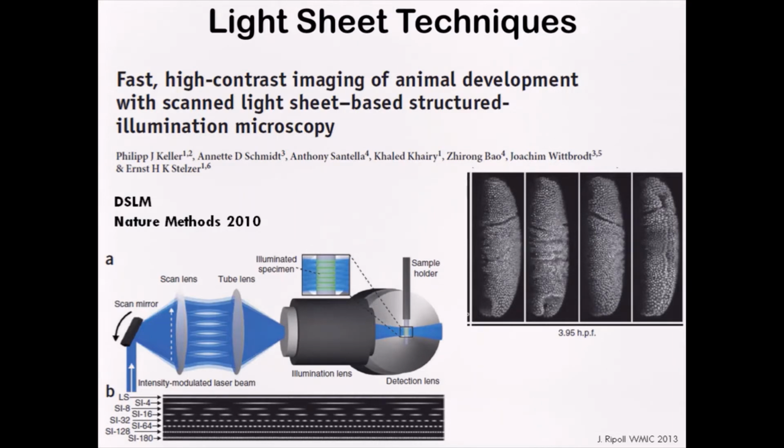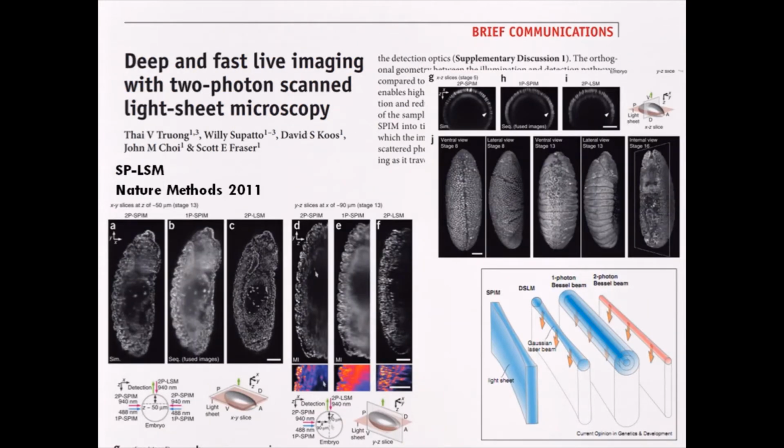The next step was to use different types of sheets, using nonlinear techniques for generating this sheet, and in that case you get much better resolution. This is already in 2011.